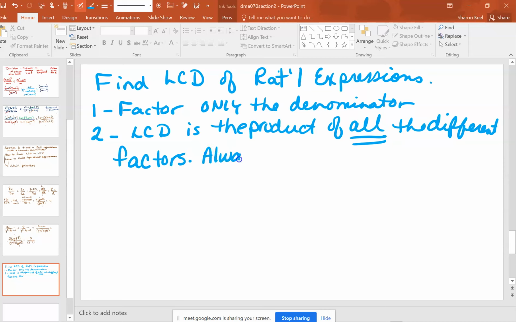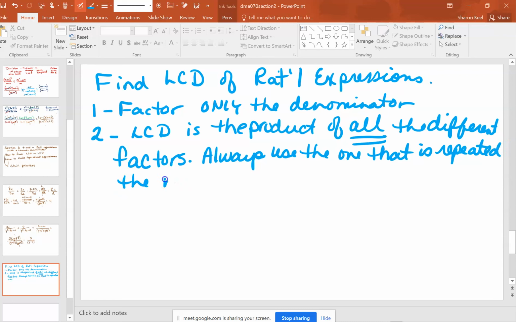And you're always going to use the one that is repeated the most, or we could say to the highest power.